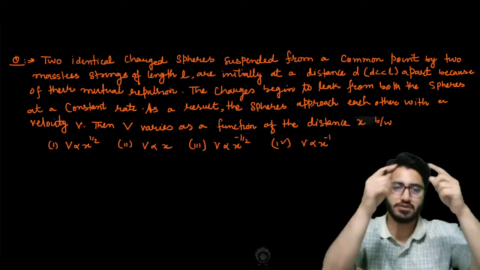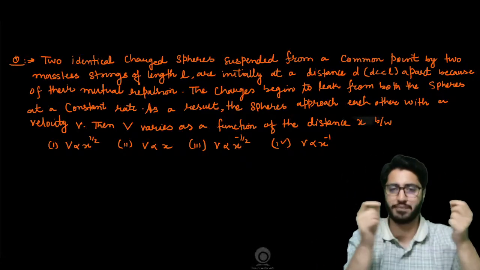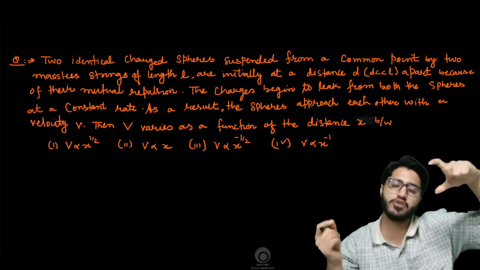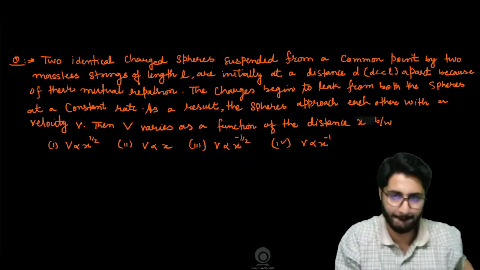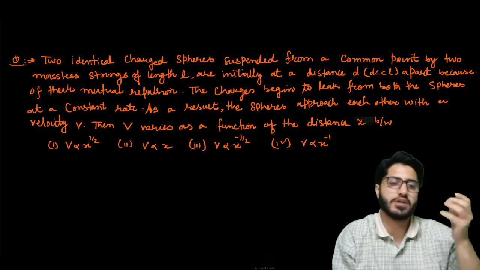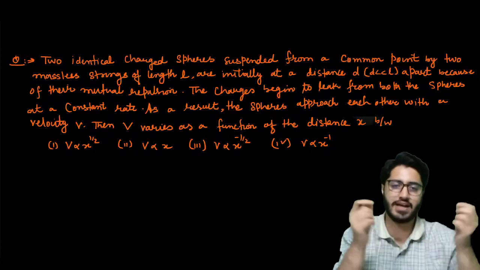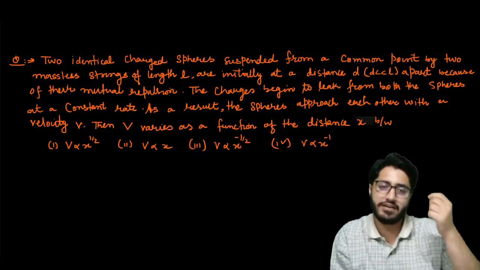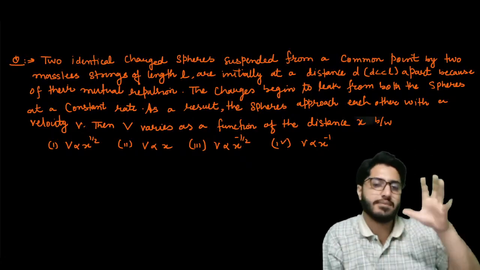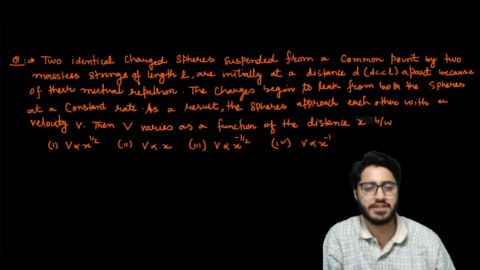That means these two are separated by distance d, and this d is very short as compared to the length of the pendulum, because of the mutual repulsion. That's why they are at a distance d. Now if charge begins to leak from both spheres, let us suppose a body is having capital Q charge.